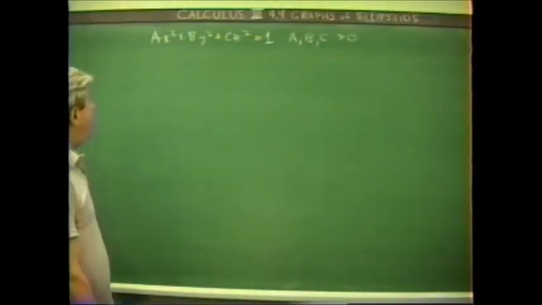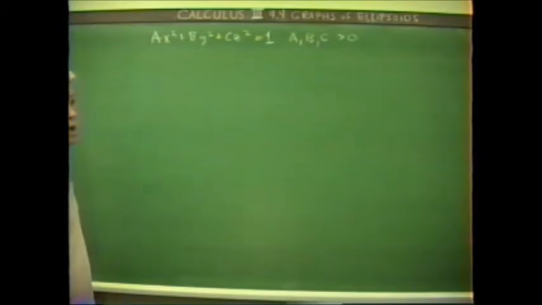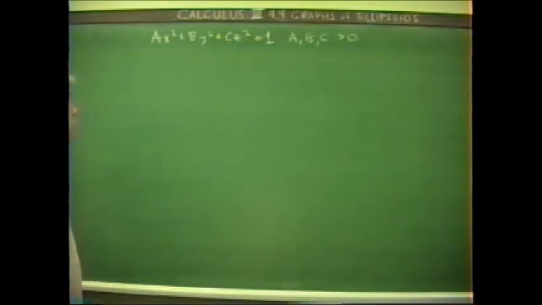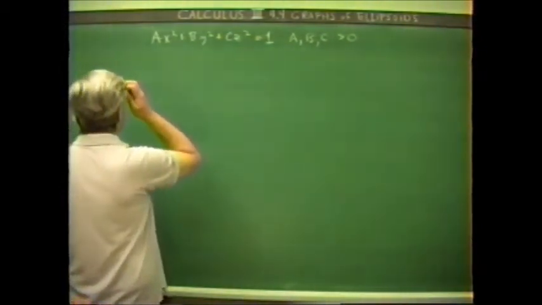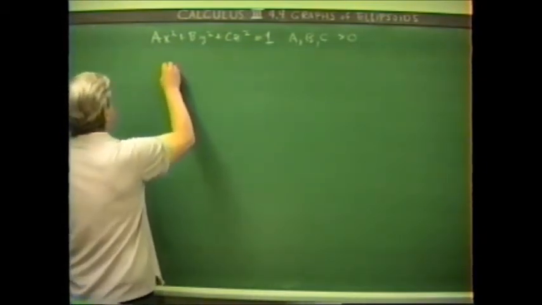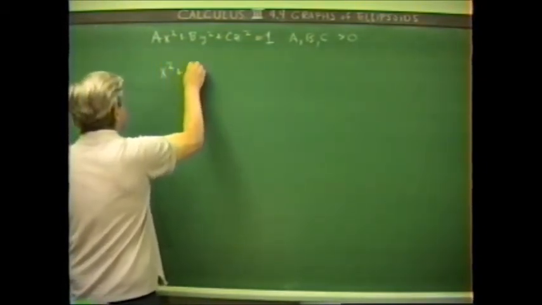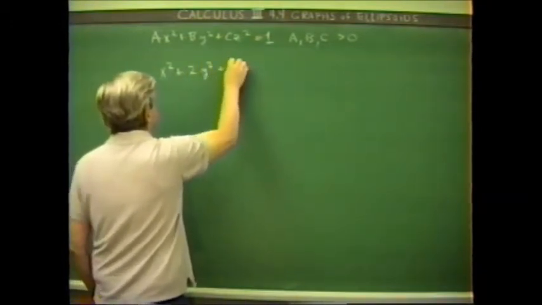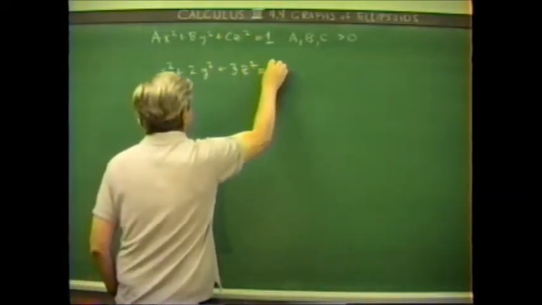Unless, of course, a, b, and c are equal, in which case you're going to have a sphere. This will be centered at the origin, and you can actually deal with these things if they're centered someplace else. We'll take a look at that later. Let's take a look at a specific example. Let's say x squared plus 2y squared plus 3z squared is equal to 1.